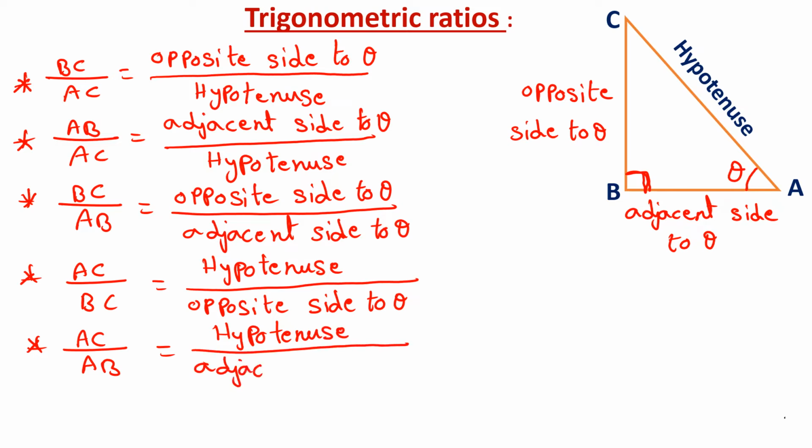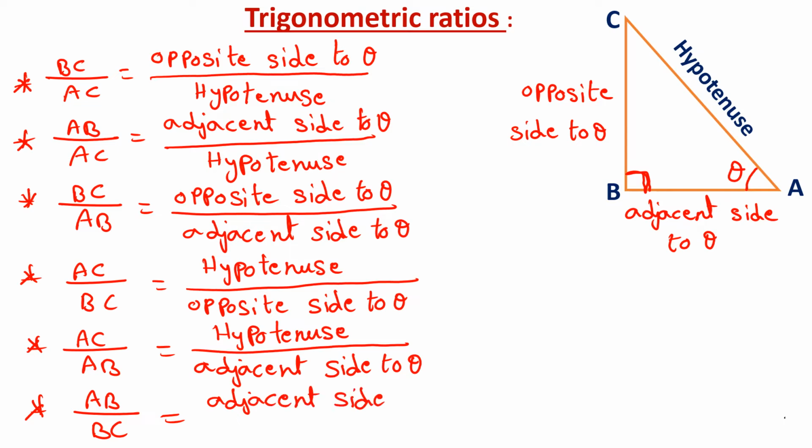The last one, the reciprocal of BC by AB, is AB by BC, which equals adjacent side to theta by opposite side to theta.